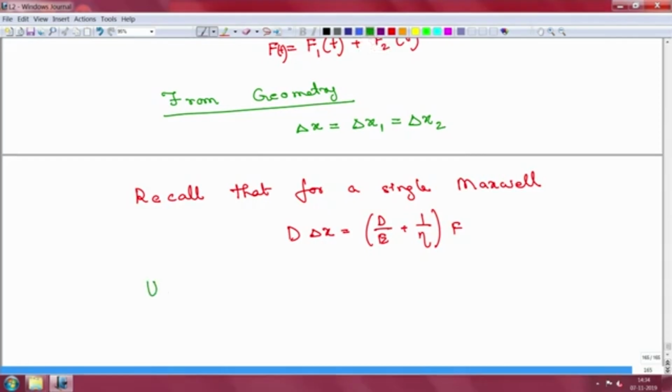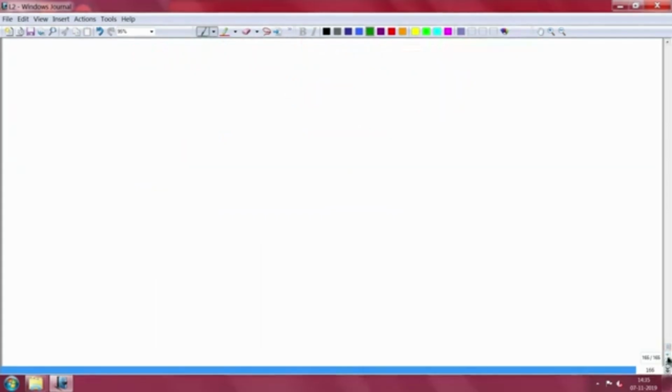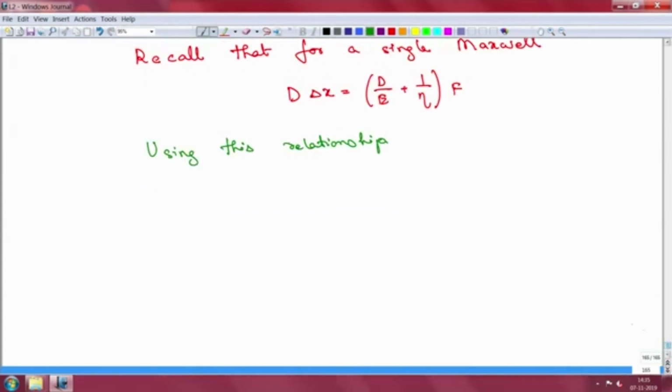So, using this relationship we can say that d by E1 plus 1 by eta 1 times of F1 is equal to d of delta x1.